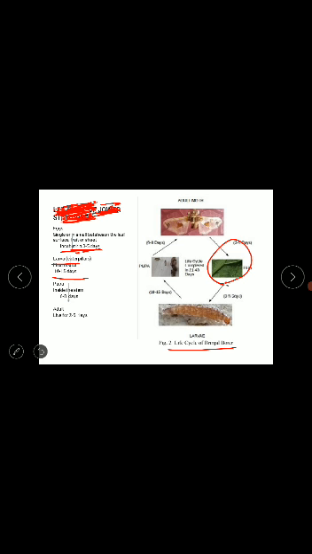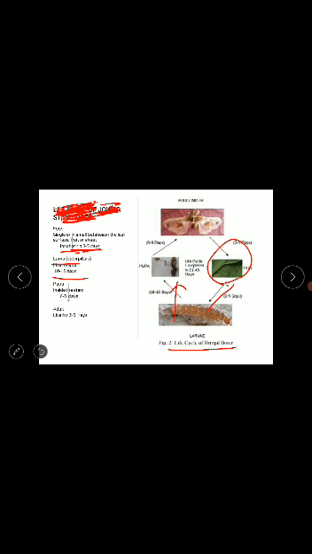Now, after the 15 days, the larva enters into the pupa. Okay, so this is the next step. The pupation takes place in a cocoon on the plant itself, and the pupation period lasts for 6 to 8 days.